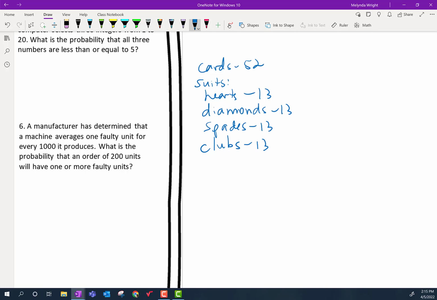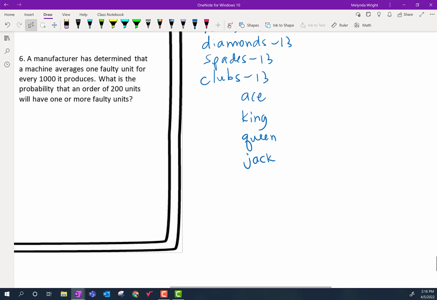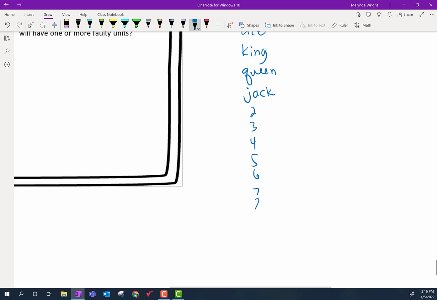So let's list the 13 cards. Okay, so what do we have? We've got an ace, a king, a queen, a jack. We've got a 2, 3, 4, 5, 6, 7, 8, 9, and 10.